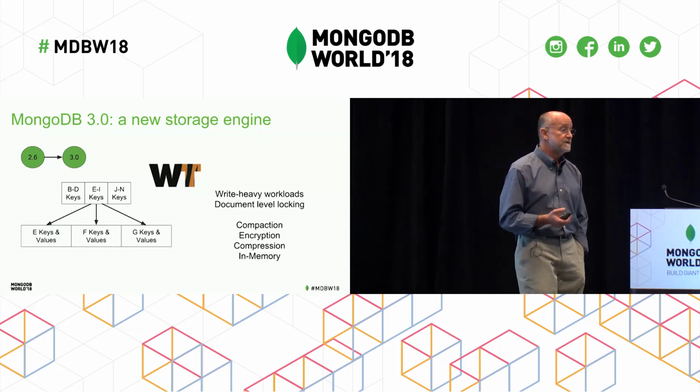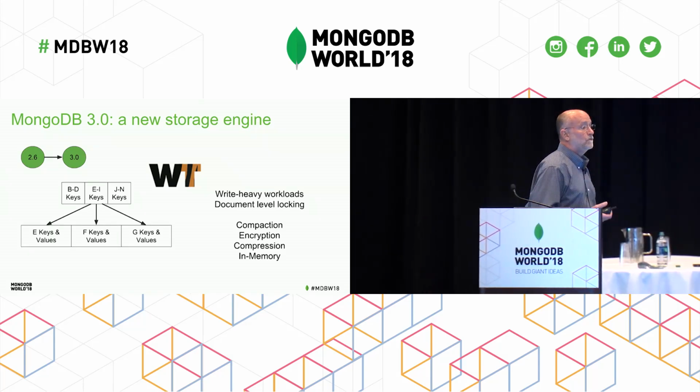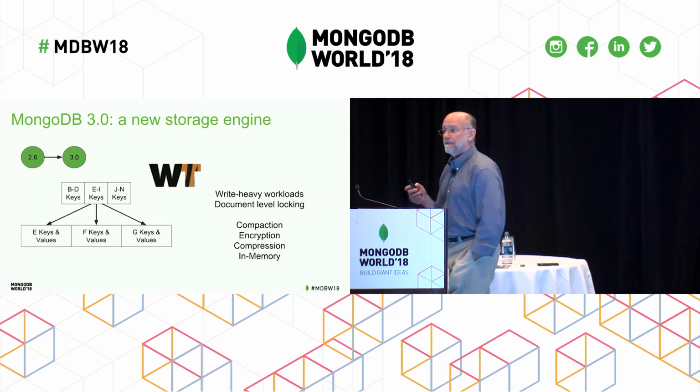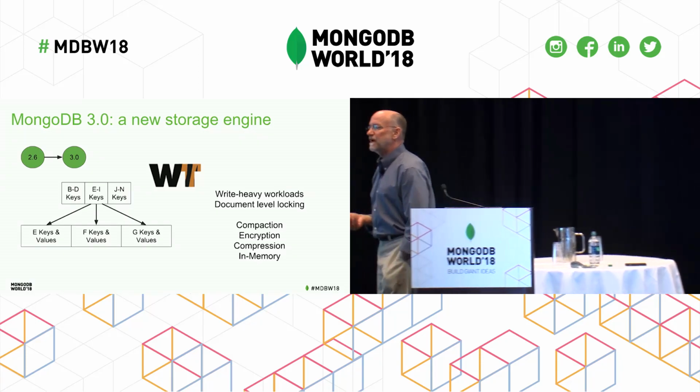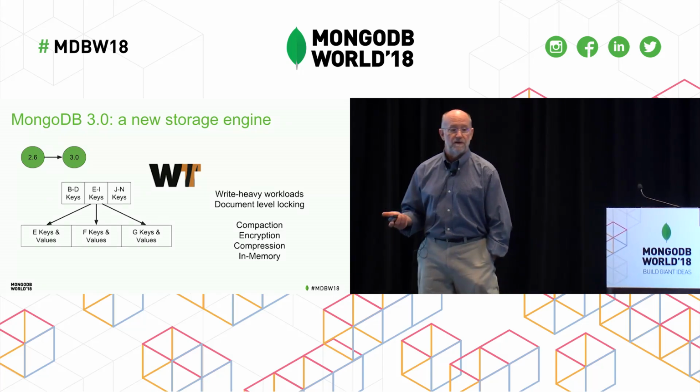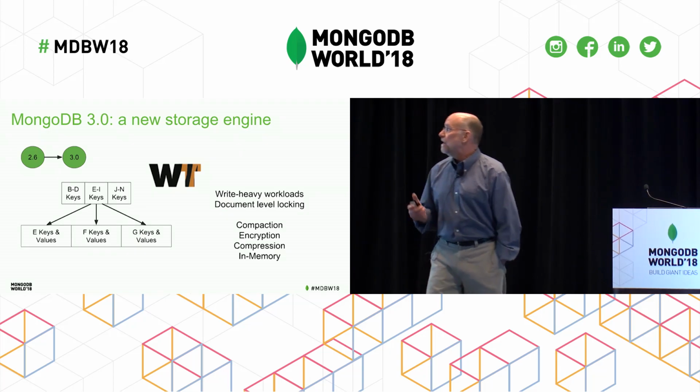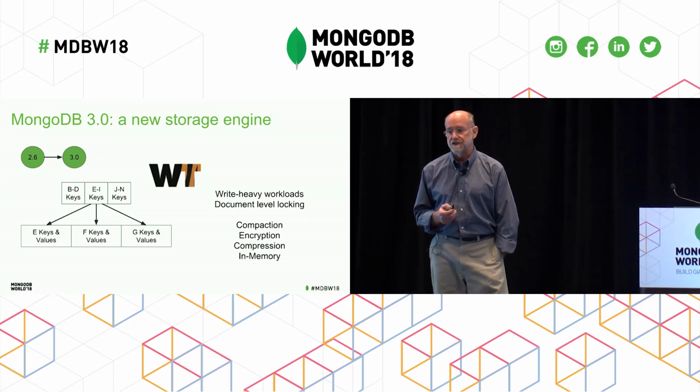So the reason I did that detour was that in 3.0, we added a new storage engine, WiredTiger, to MongoDB. Now, the mmap v1 storage engine was based on the Linux operating system's mmap call. Surprise, right? WiredTiger was a much more traditional storage engine.